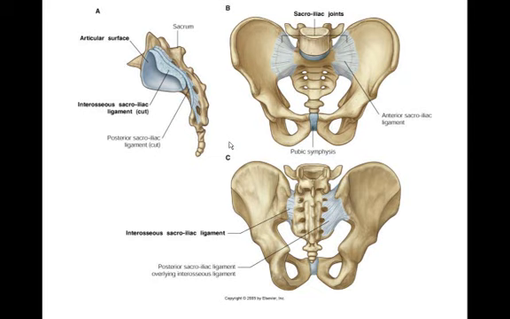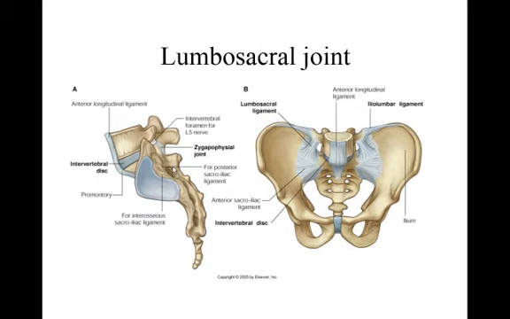But remember, whenever we're looking at one joint, in this case the hip, we do have to look at the joints immediately above and below to screen out for associated problems. Another view here of the SI joint, but we can move on to the lumbosacral joint.